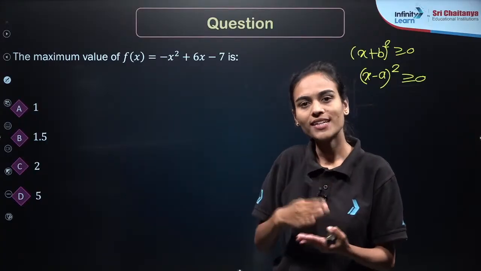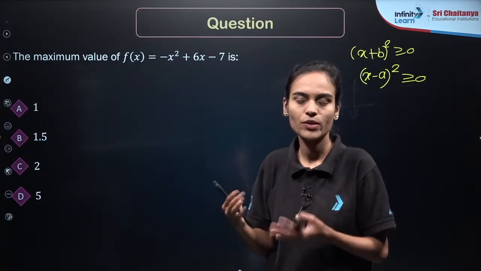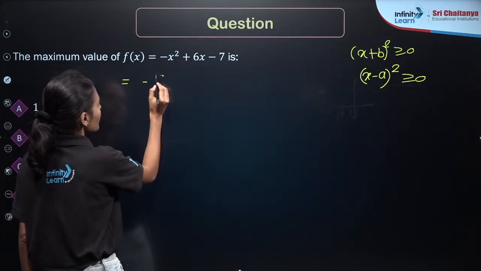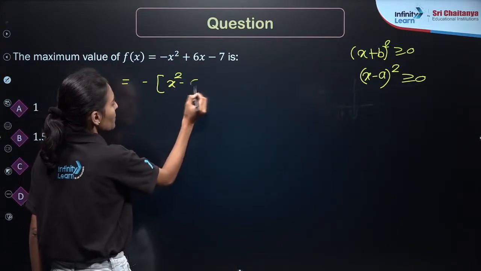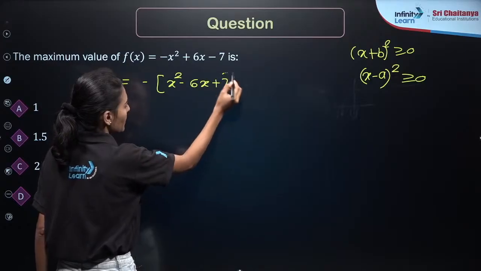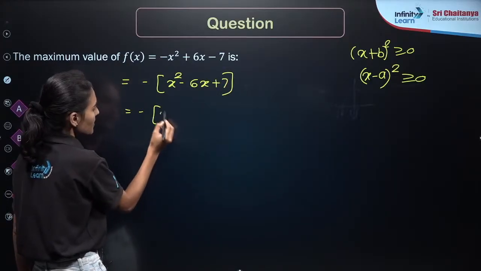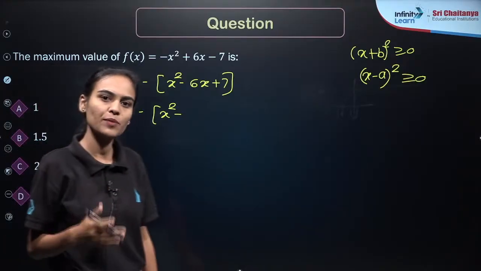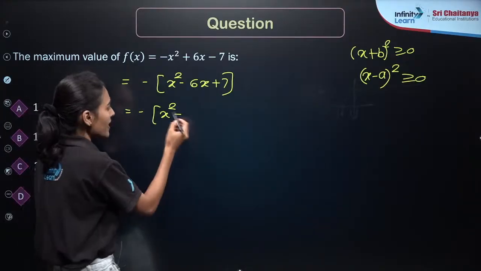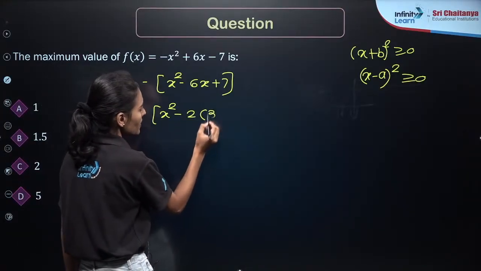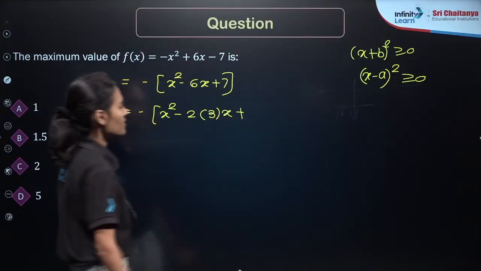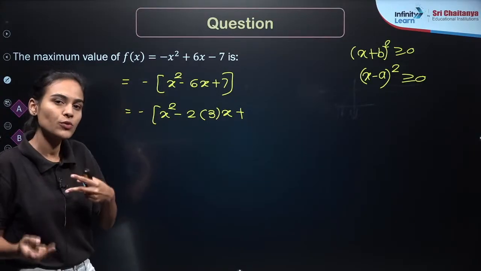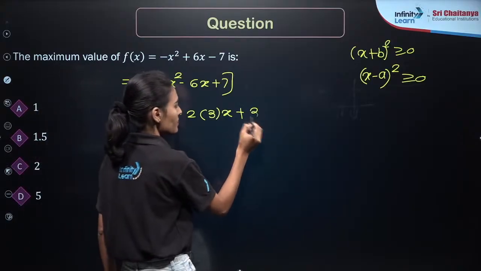So whenever you have minus x square, make it as a plus x square by taking minus sign as a common. So this will become minus inside x square minus 6x plus 7. Perfect square means a square minus 2ab plus b square, right? This is x square minus 2 into 3 into x, so you want one more term which is 3 square.